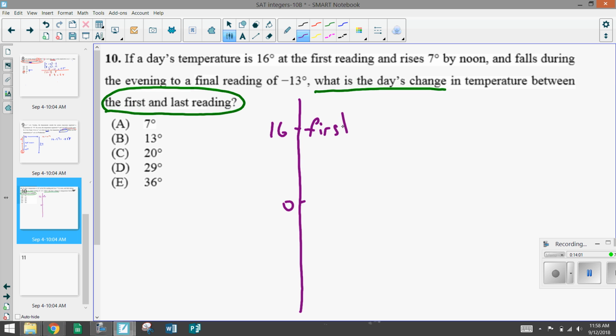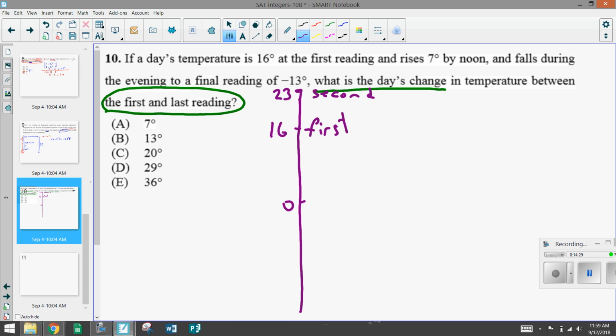It's nice to write these expressions. First reading, and it rises 7 degrees, plus 7, that makes what? 23. Yeah. 16 plus 7, 23 degrees by noon. And this is the second reading, right?